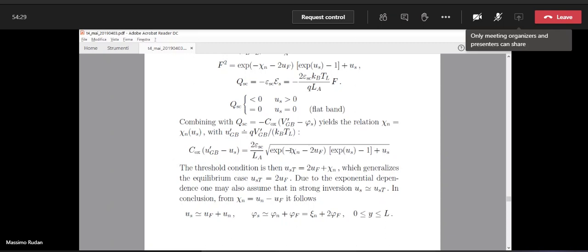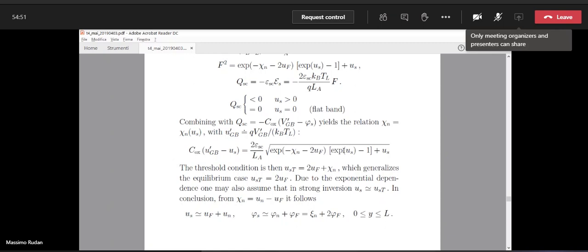Now, in order to have the exponential prevailing, it must happen that the exponent is positive. And the exponent is US minus chi-n minus 2UF.